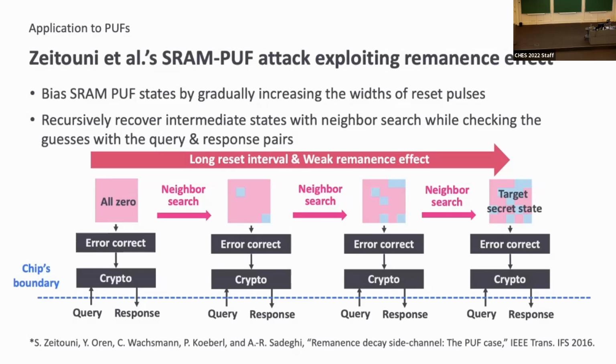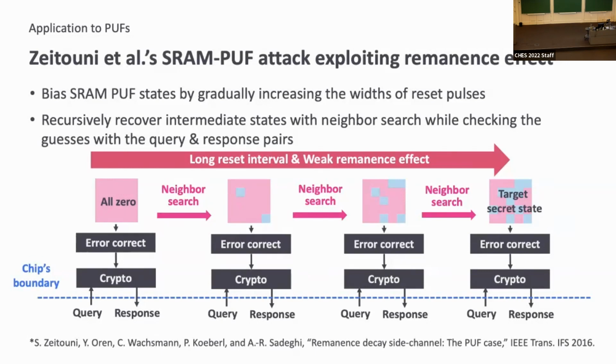With a sequence of intermediate states, an attacker can find one from the previous one with exhaustive neighbor search. Repeating this process recursively starting from all zeros, the attacker will eventually reach the legitimate secret state.